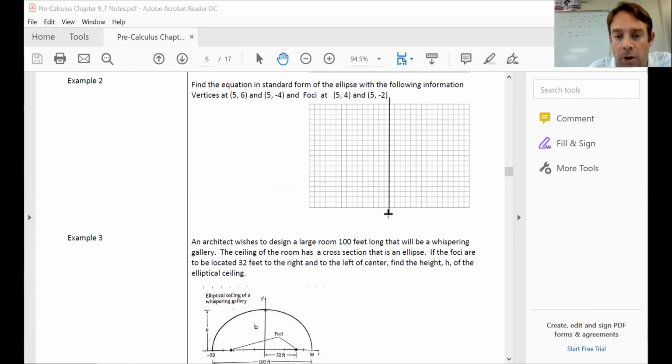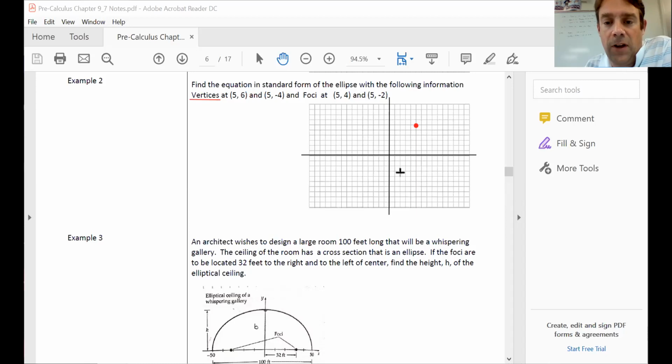All right, let's see how you guys did, shall we? Let's see here. And draw my axes on here. Because I'll be honest, I don't do anything until I've actually graphed it. So my vertices, I'll do those in red. So 5, 6, so 1, 2, 3, 4, 5. 1, 2, 3, 4, 5, and 6.